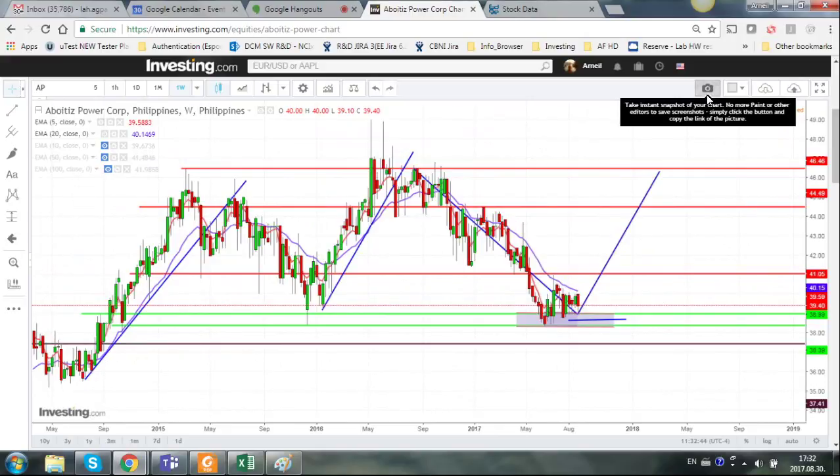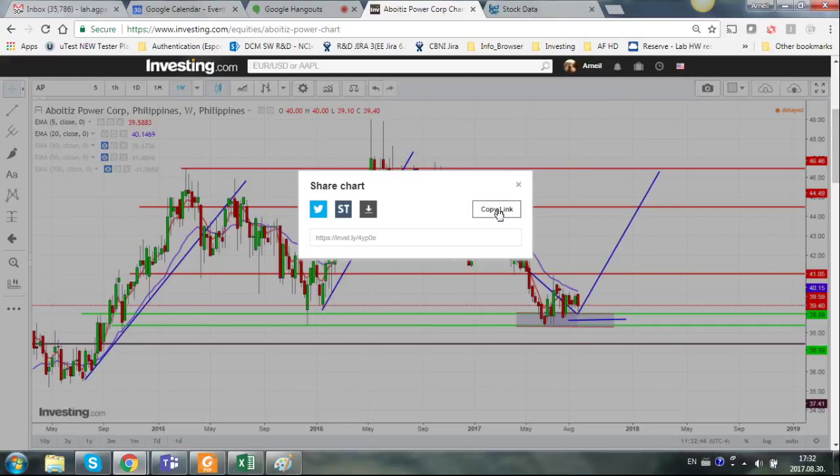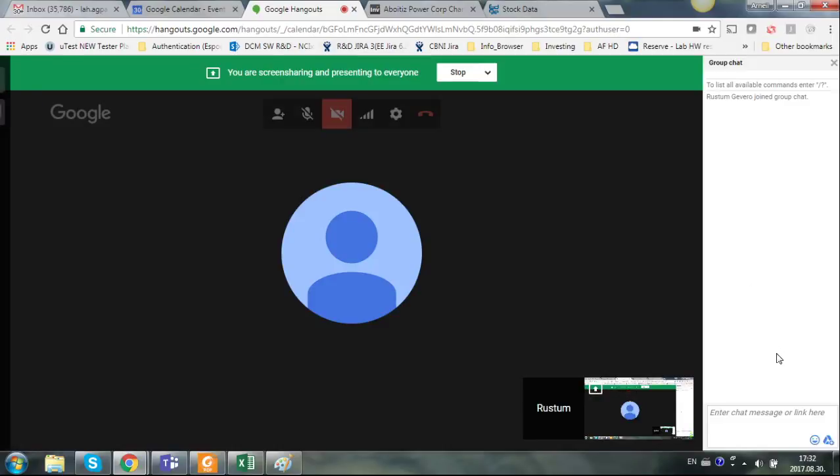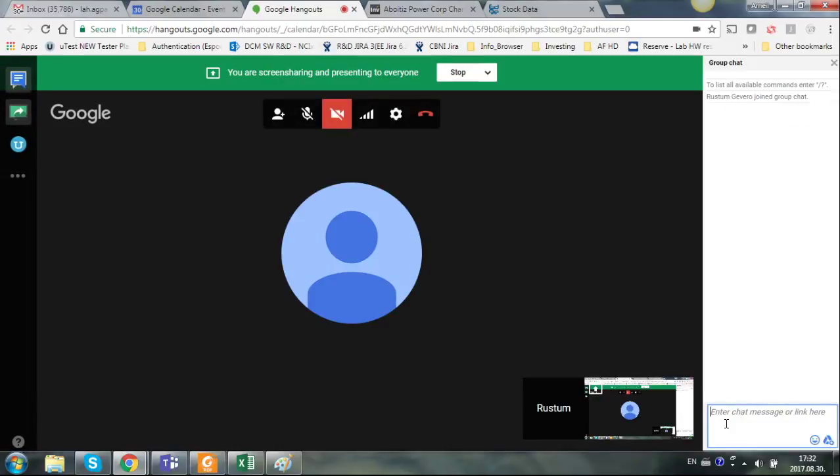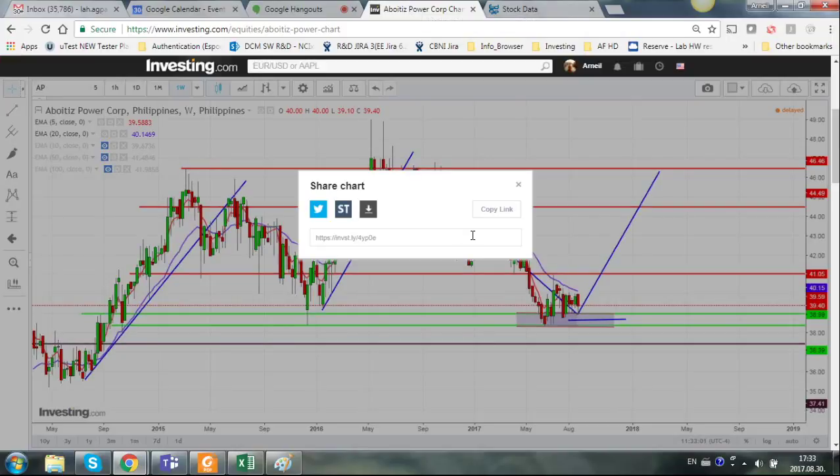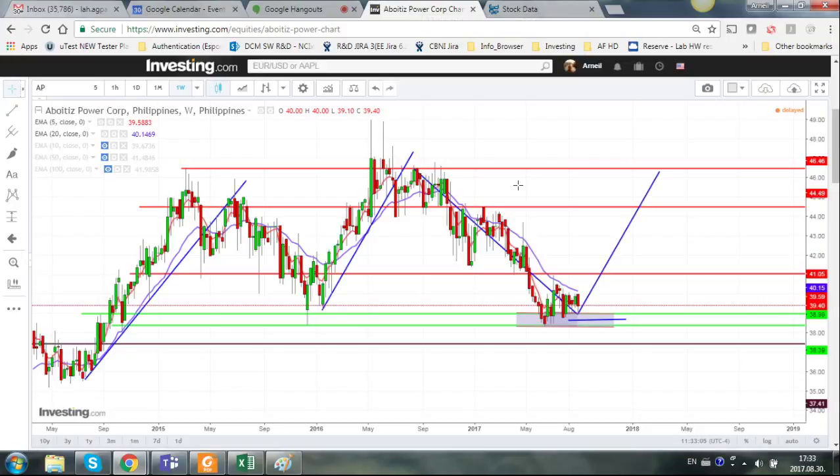So this is the way na ginawa ko: screenshot, copy the link, then pwede kong i-send sa'yo. So save na lang yun. Ayan. So ngayon, mag-ano na lang tayo ng isang another company and use all those indicators na ginamit natin. Then, we are already good for today.